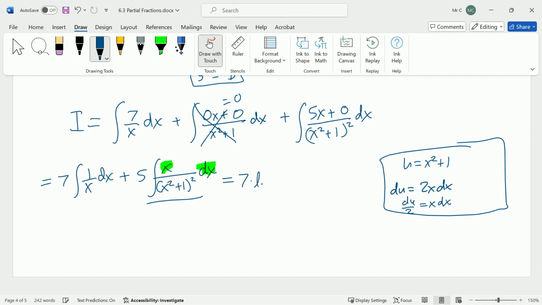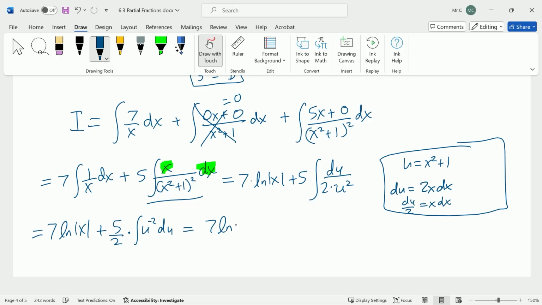This becomes 7 times the natural log of the absolute value of x plus 5 times the integral of du over 2 times x squared plus 1 squared, which is u squared. That's 7 ln of the absolute value of x plus 5 halves times the integral of u to the negative second du.